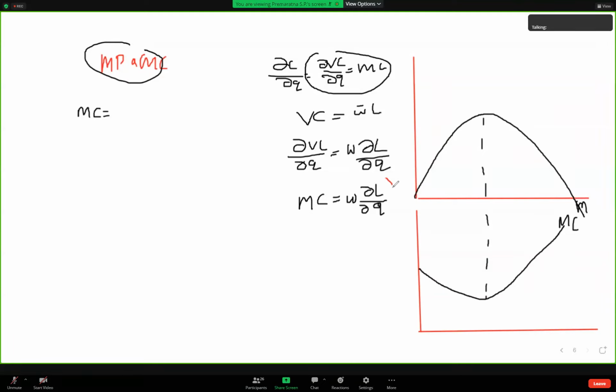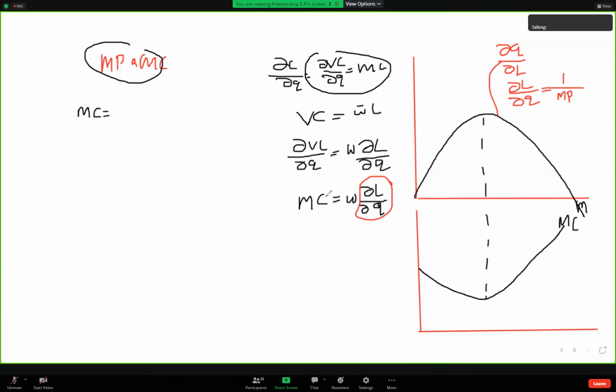But you must know how to get this one from the total production function, differentiating with respect to L. So in that case, dL/dQ becomes 1 divided by the marginal product.